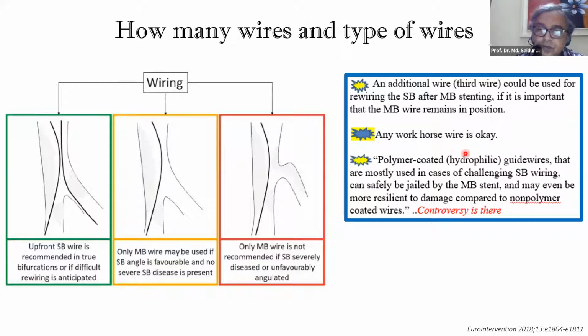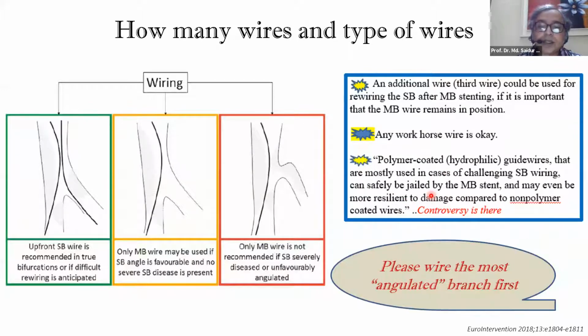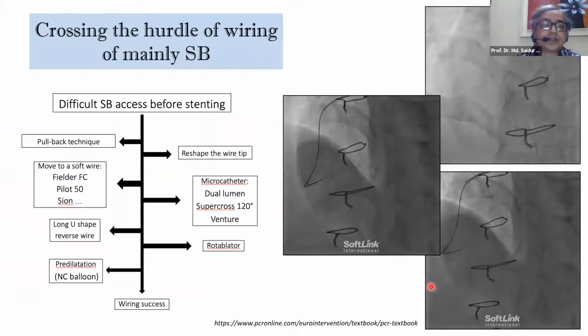Any workhorse is okay, but sometimes in difficult rewiring a polymer-coated hydrophilic wire is used, which has some controversy, but I have put it from the consensus report also that it is mostly used in some challenging cases and it can safely be jailed. So the most important next thing is that always please wire the most angulated branch first.